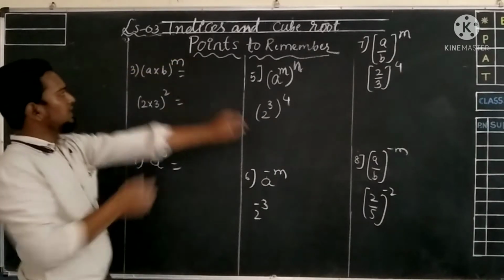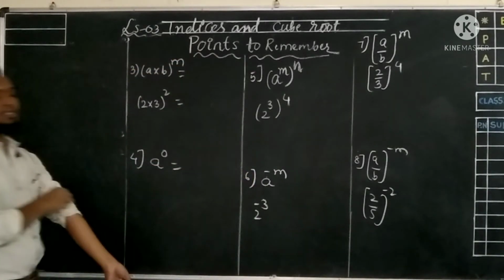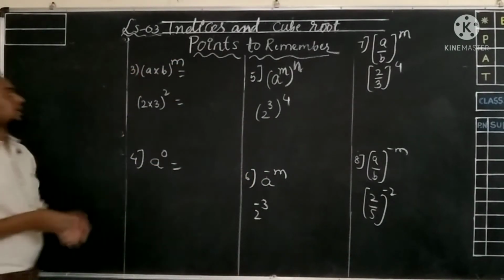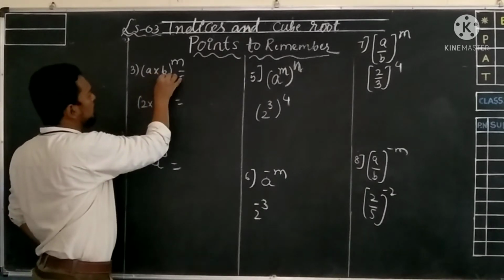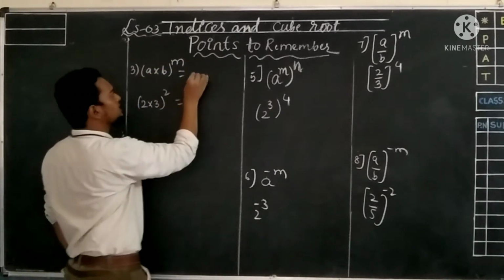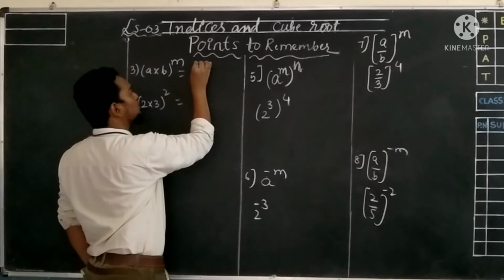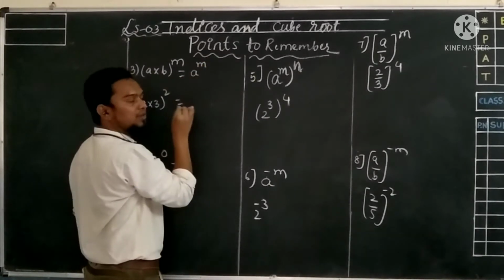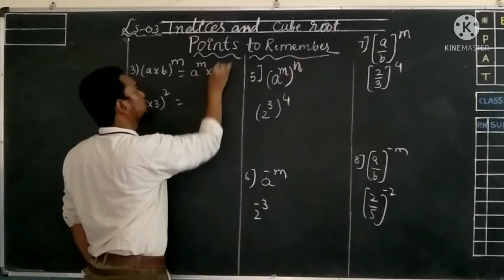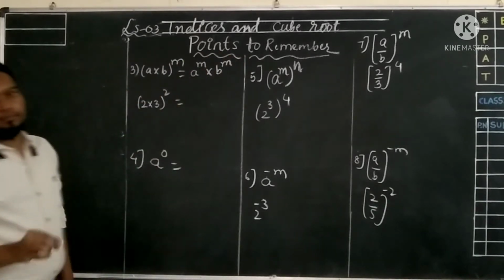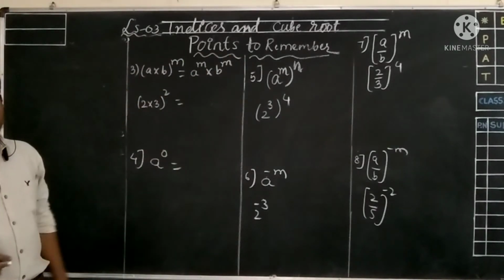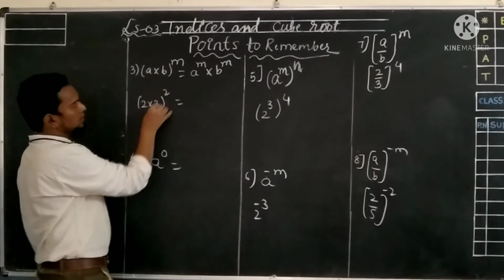Here is the third law of indices. a into b whole raised to m is equal to a raised to m into b raised to m. Here the example is 2 into 3 whole square.